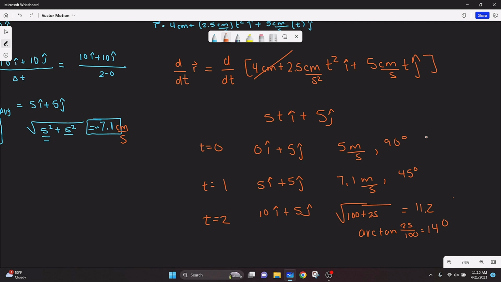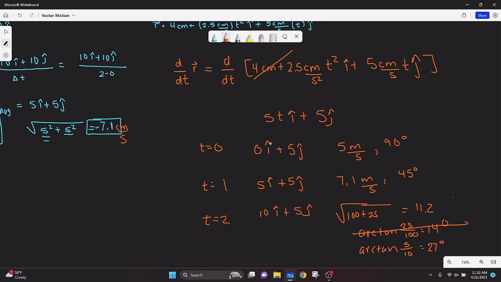Oh, come on now, we made a mistake. So this needs to be arctangent of 5 over 10, equals 27 degrees. And there we go. So those are correct.